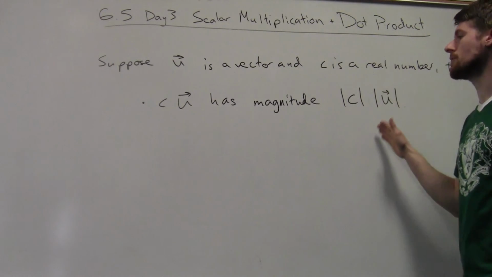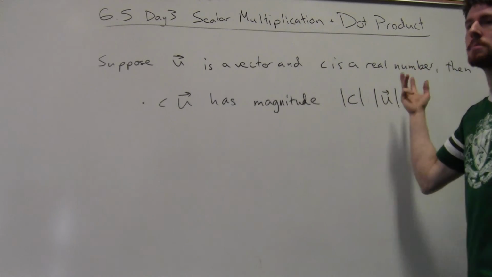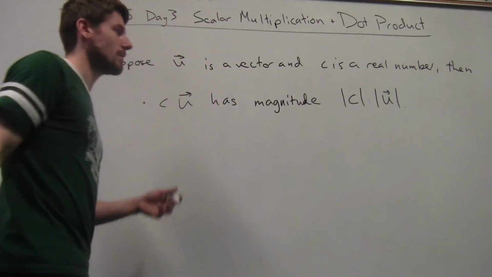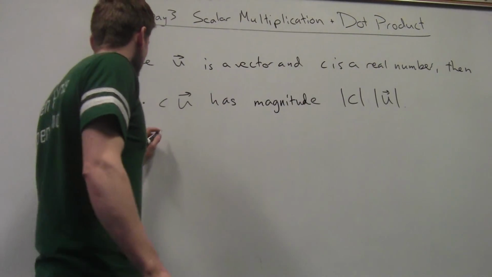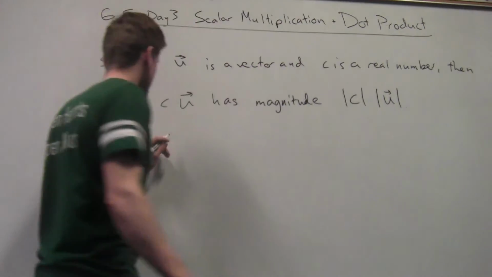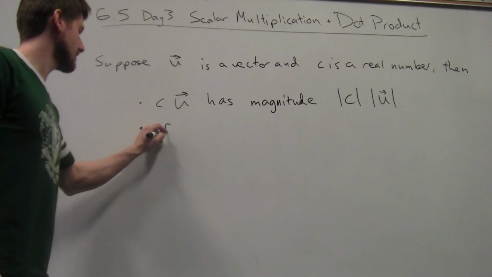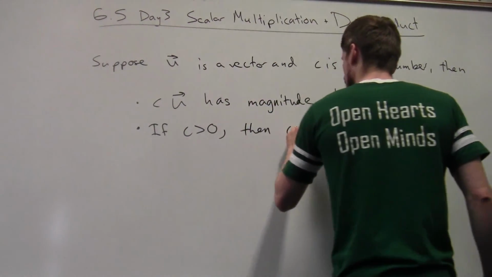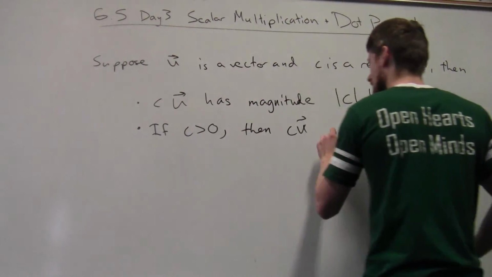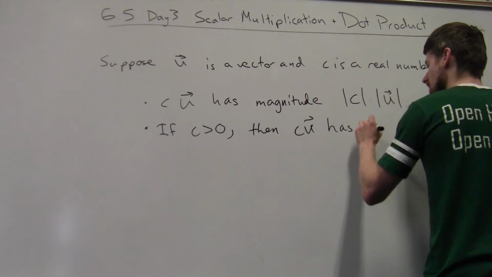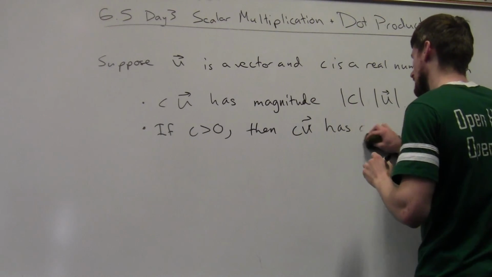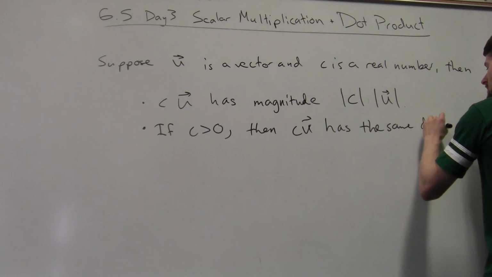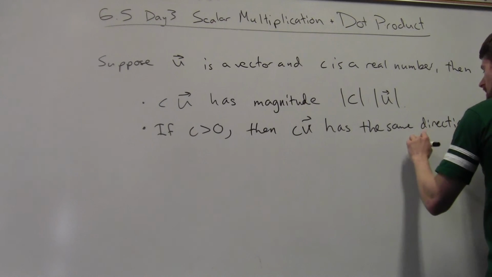And this absolute value is to say that, well, c could be a negative number, in which case, how does that affect our vector when we multiply them? Well, if c is positive, then the vector cu has the same direction as u.